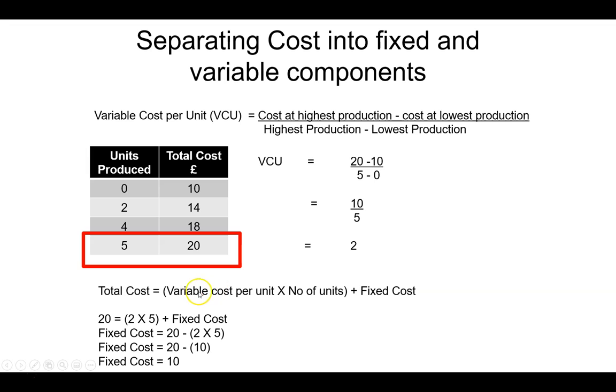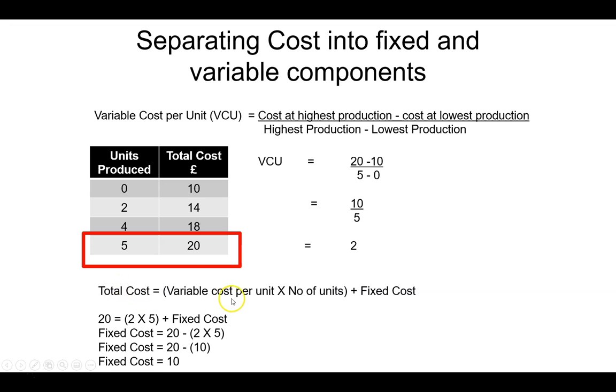Now, variable cost is what? Our variable cost per unit times the number of units. If you remember, I said our variable cost is variable cost per unit, how much it costs us for 1 unit, times the number of units. Then we add the fixed cost, and that will give us our total cost.